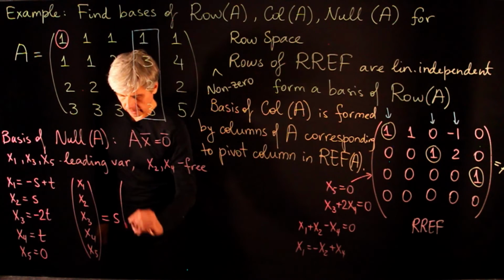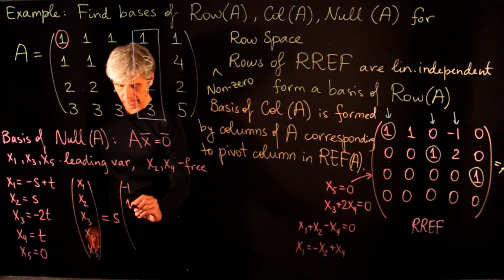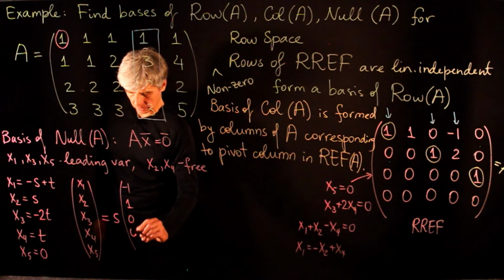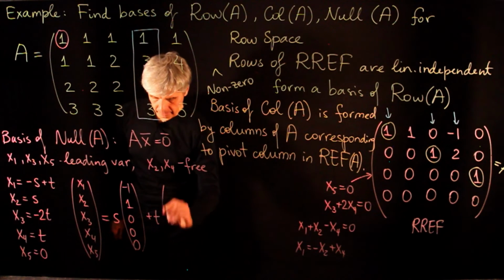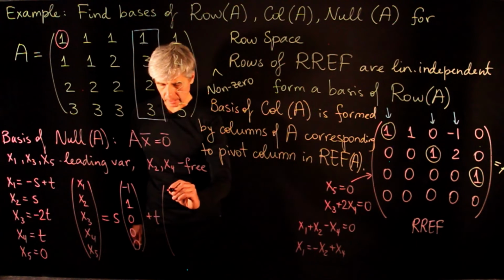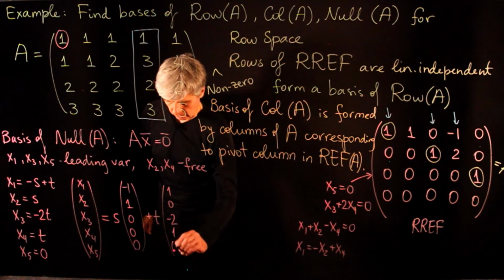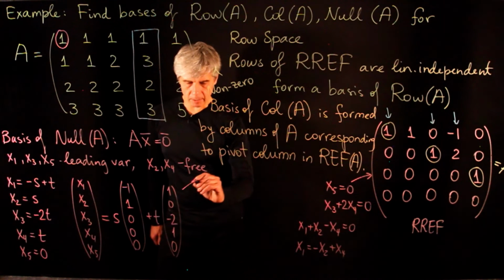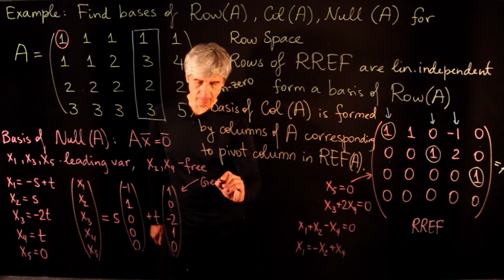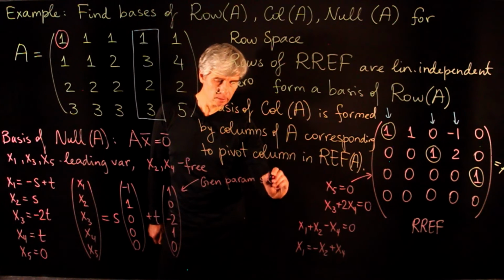So it's s times the following vector: minus 1, 1, and then 3 zeros, plus t times the vector 1, 0, minus 2, 1, 0. So this is the general parametric solution in vector form.